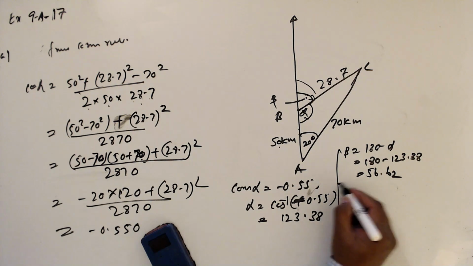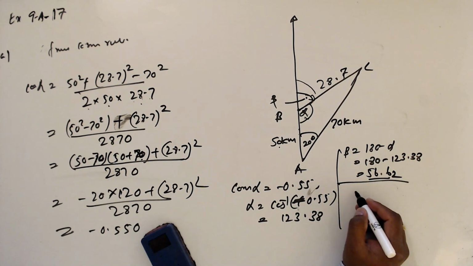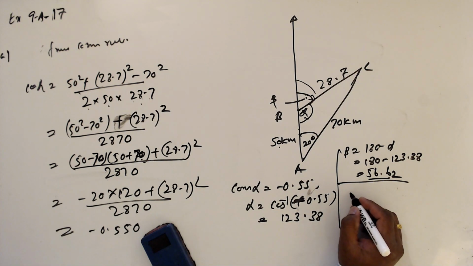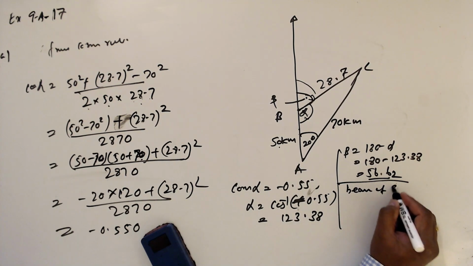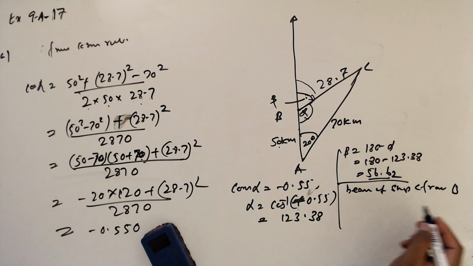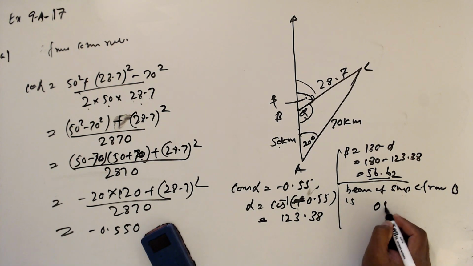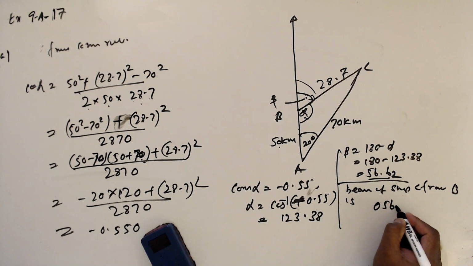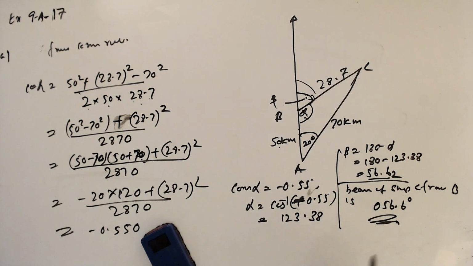Then the bearing of ship C from B is 056.6 degrees.